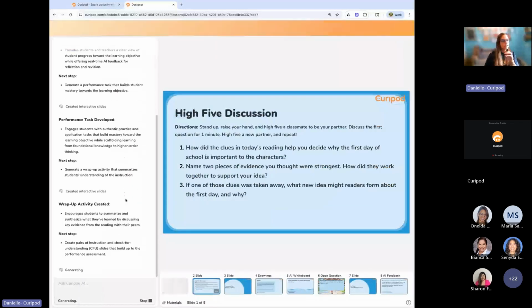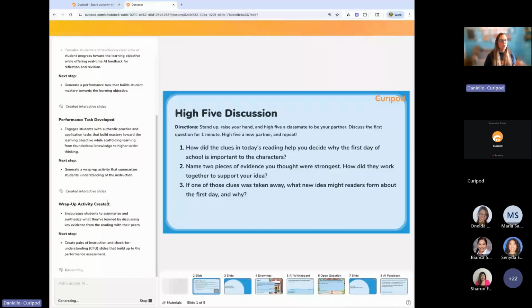So as you'll notice in this lesson, every slide leading up to this assessment is going to scaffold students to being successful in this learning objective and in that assessment. You'll also notice that the rigor will increase strategically throughout the lesson.